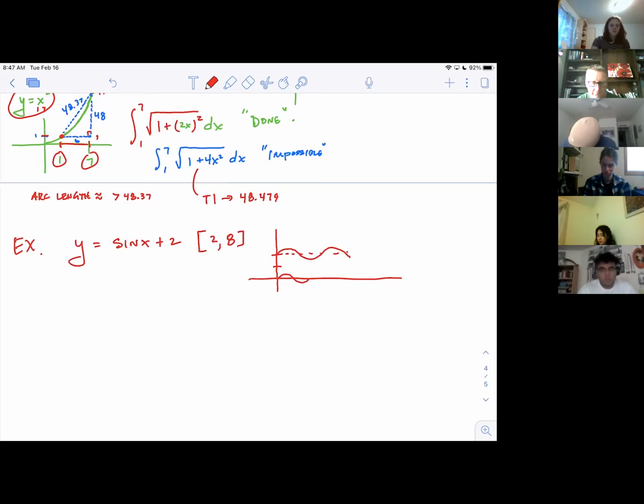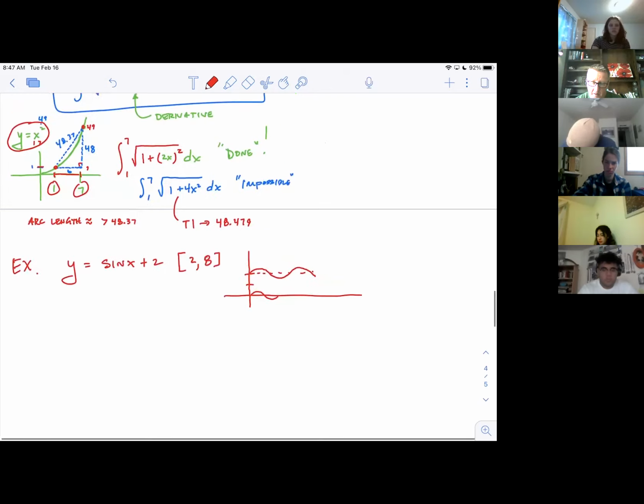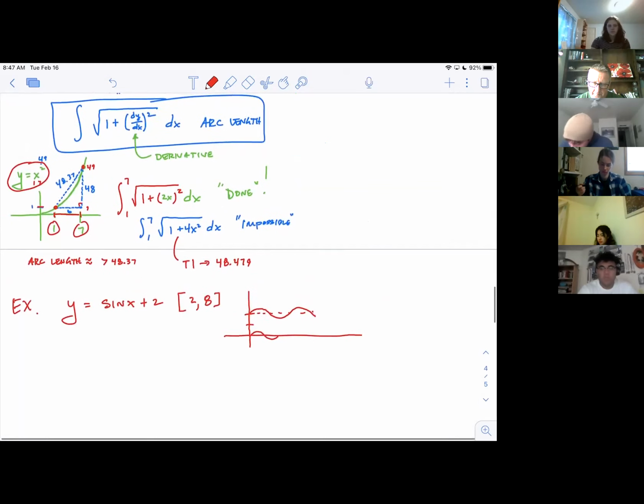This is not a hard problem. And then we'll talk about, can we actually take that integral?